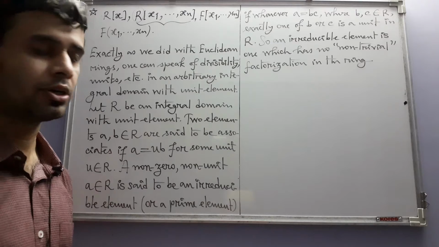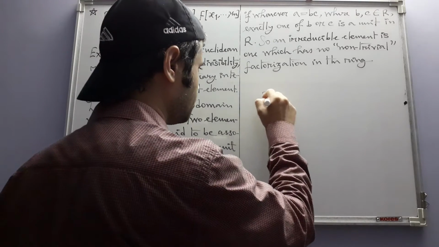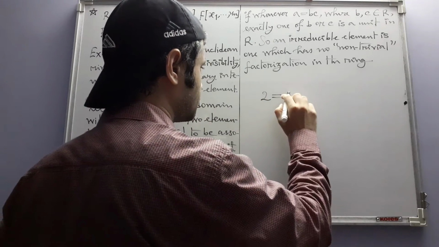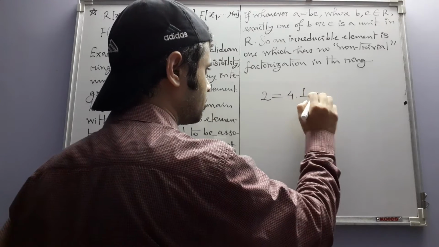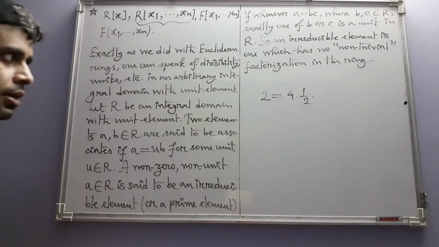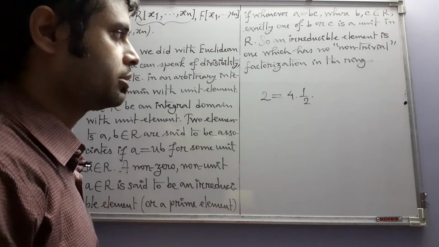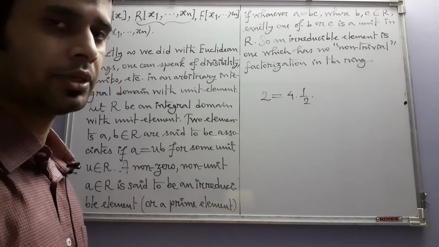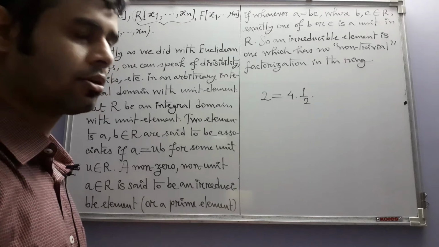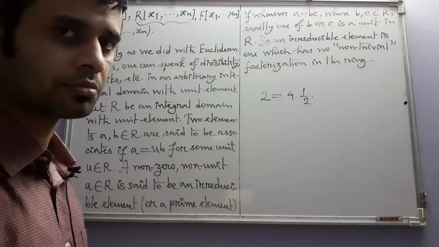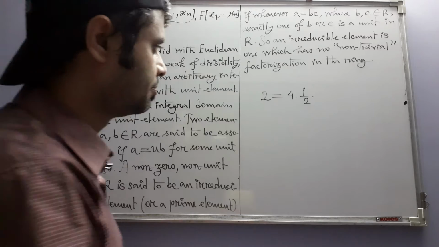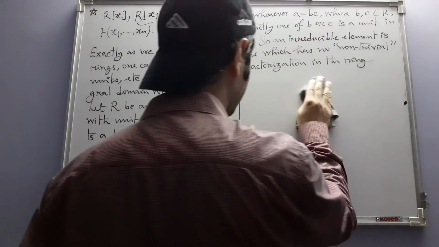In the ring is important because, for example, one may try to say that this is a non-trivial factorization of 2. Yes, it is a factorization of 2, but not in the ring of integers. It's in the field of rational numbers. There it's a factorization. So the background ring matters.